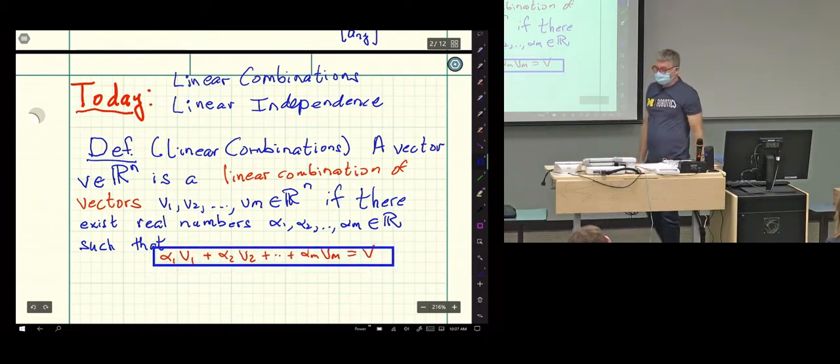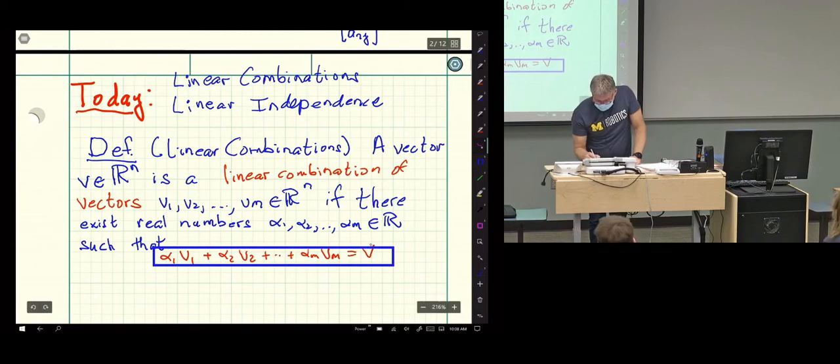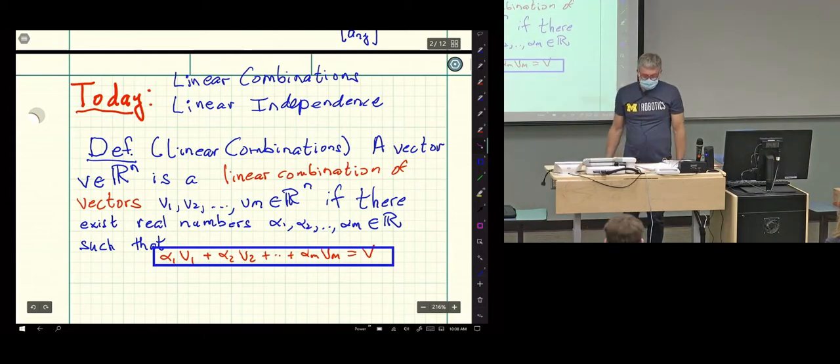Okay, so if we can write V as a sum of vectors, so here's V, and we've written it as a sum of vectors with weights given by real numbers, V is said to be a linear combination.